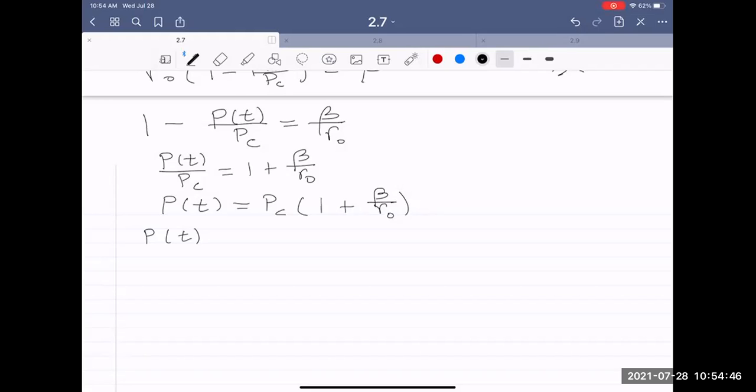As I said, I don't want my stable population to be 0. I don't want to kill off all my fish. So this is going to equal P sub c. Well, my carrying capacity was 10,000.